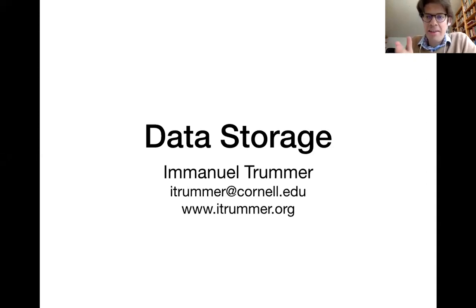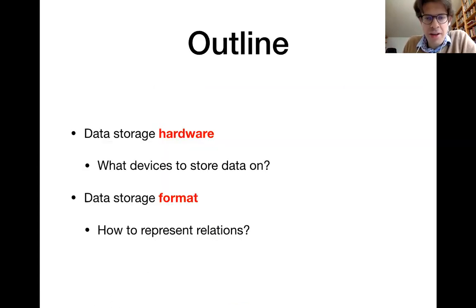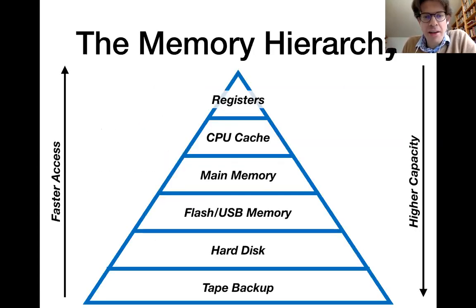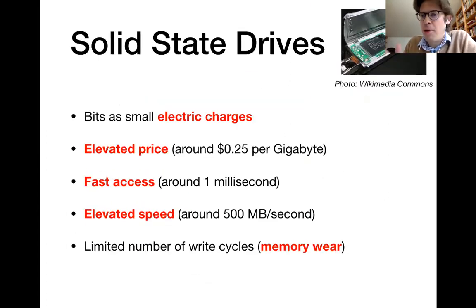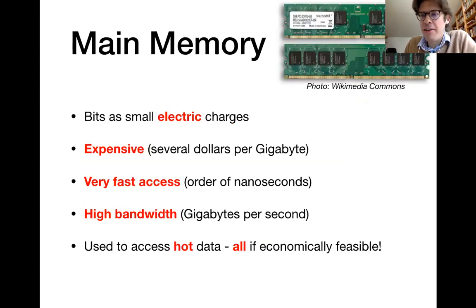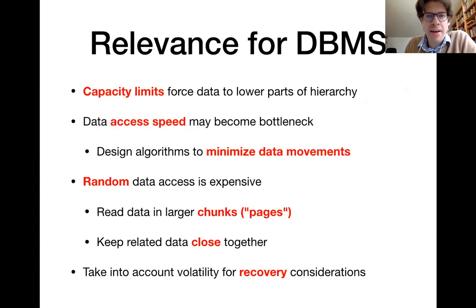And the last time, we have been talking about data storage. Last time, we have mostly focused on the hardware on which your data is stored. We have quickly seen the memory hierarchy, and we have discussed a couple of different common data storage devices and their pros and cons and use cases.